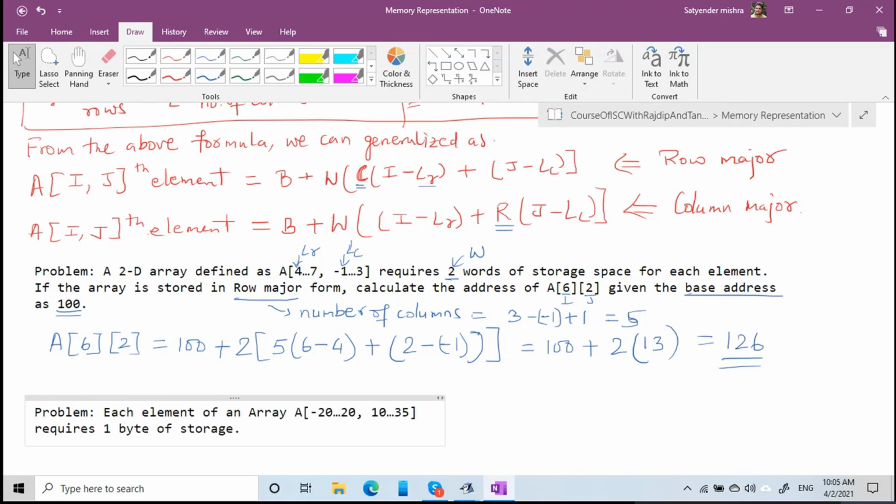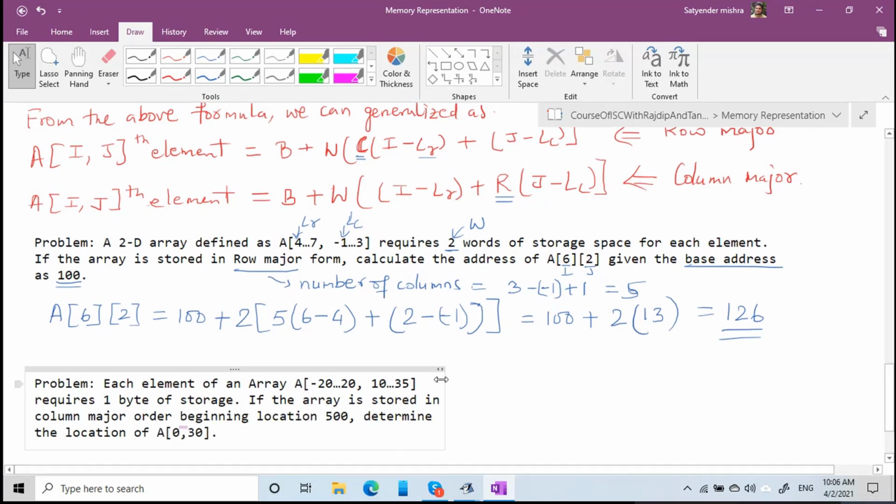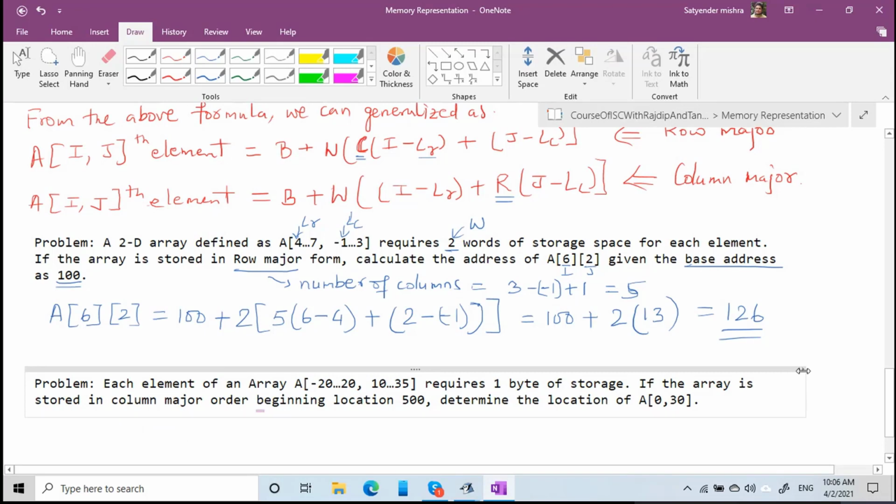If the array is stored in column major order, beginning location. This is the problem, and we need to find out the solution. So it's very easy here also. You need to identify what is your first LR and LC here.